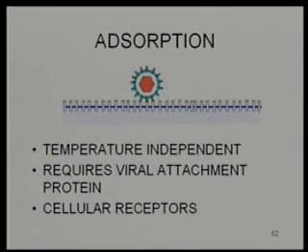So they need to go to something that's going to be real. And we'll go into how some of them make sure of that. But if they just bound to anything, they'd never find a cell. So they need to have something that tells them, this is a cell and I'm worthwhile infecting. And the cellular receptors can be anything. But it's temperature independent, it doesn't require ATP, it doesn't require energy, it's just a protein-receptor interaction.